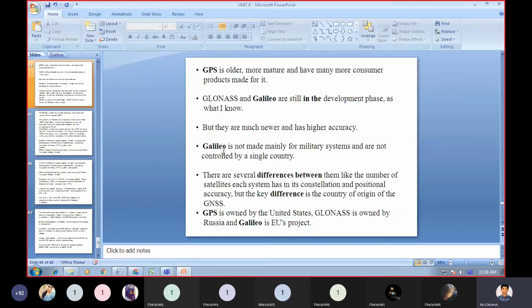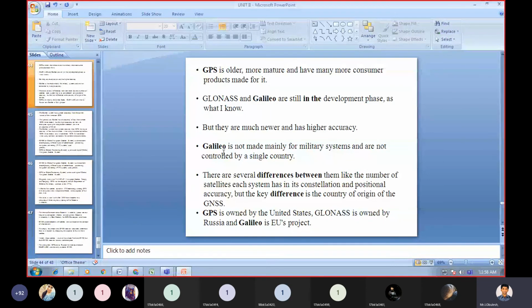GPS is older and more mature and has many more consumer products made for it. GLONASS and Galileo are still in the development phase as far as I know, but they are much newer and have higher accuracy. Galileo is not made mainly as a military system and is not controlled by a single country.